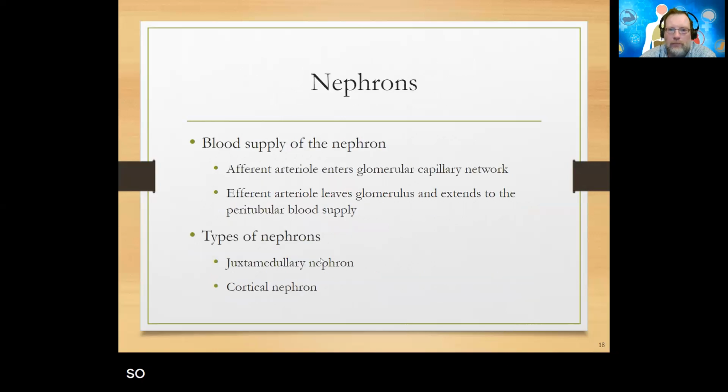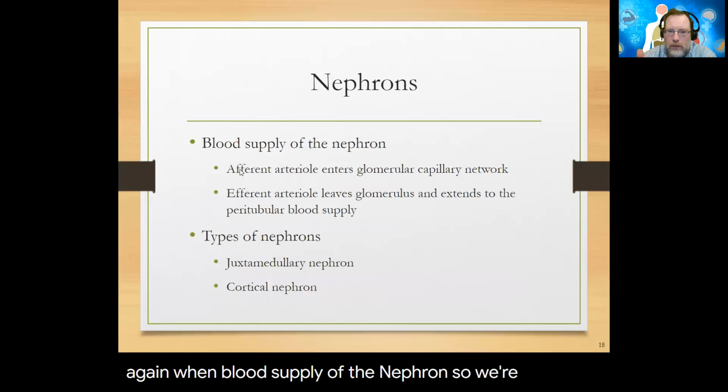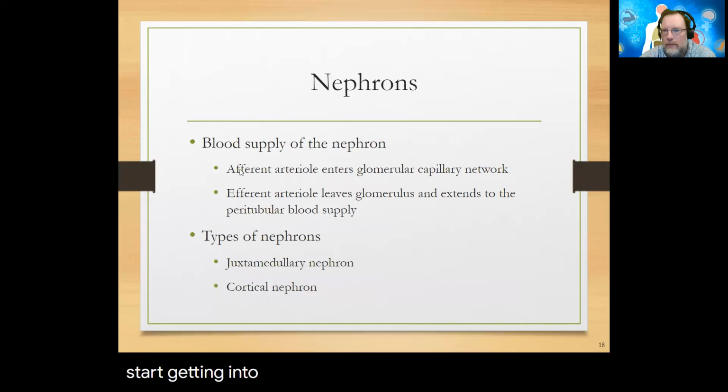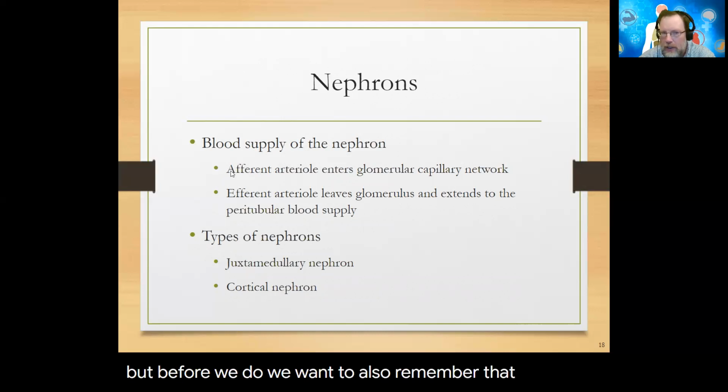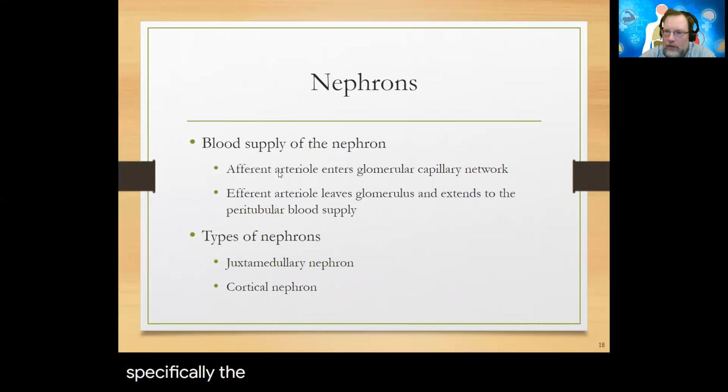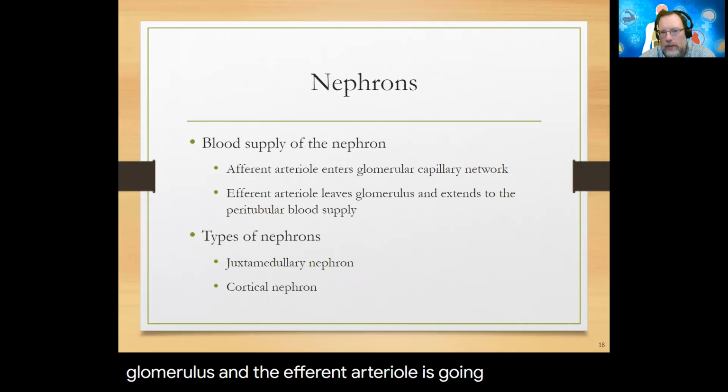Okay, so again, blood supply of the nephron. So we're going to start getting into some of the functional features coming up. But before we do, you want to also remember that specifically the afferent arteriole is going to dump into the glomerulus, and the efferent arteriole is going to leave the glomerulus.